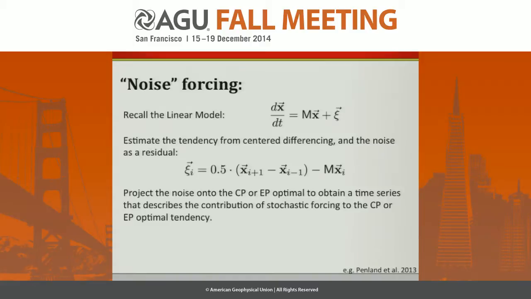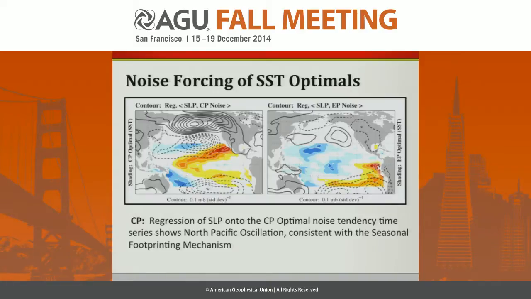We can project the optimal onto that noise forcing, and what it tells us is a time series of how the noise is forcing a particular optimal. What I'm showing here is the regression of sea level pressure onto the noise forcing of the CP optimal, and then underneath it we have the CP optimal.